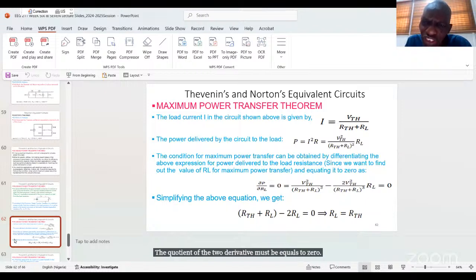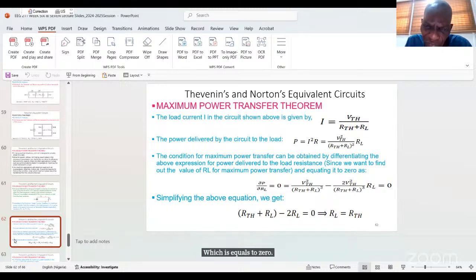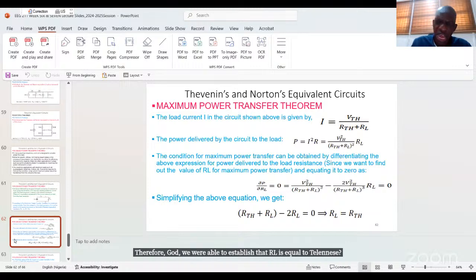And if you apply that to P that you have as I squared R that you have calculated there, you will be able to get what we have in that line, which is equal to 0. Then simplifying the above equation, we get what you have on the next line, which is equal to 0. Therefore, that's how we were able to establish that RL is equal to Thevenin's resistance.